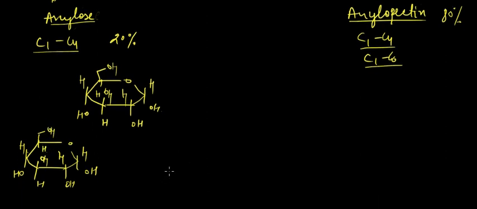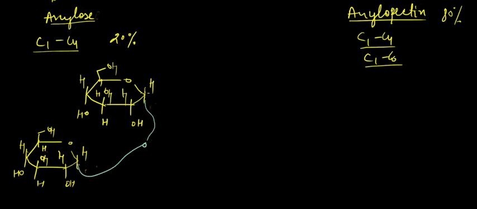So this is C1-C4, right? In C1-C4 we can see something like this. Sorry, this is C1 and this is C4. I beg your pardon, this is not the correct linkage. Rather it should be something like this one. Then it also goes on to have linkages, and this also goes on to have linkages. So this is amylose.